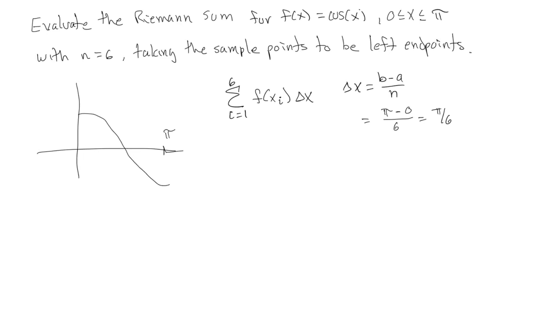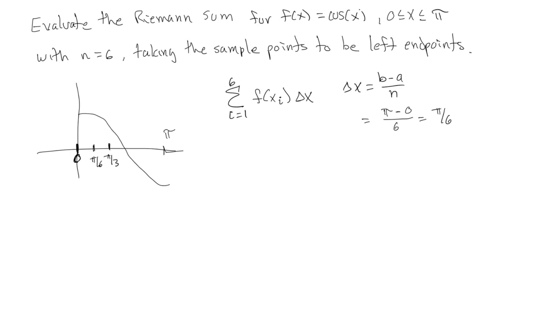Now, if I start with left endpoints, I'm starting at 0, and then I'm going to go 1 pi over 6 away, so that's going to take me here. Then I'm going to move another pi over 6, that's going to take me to 2 pi over 6, which is really pi over 3.